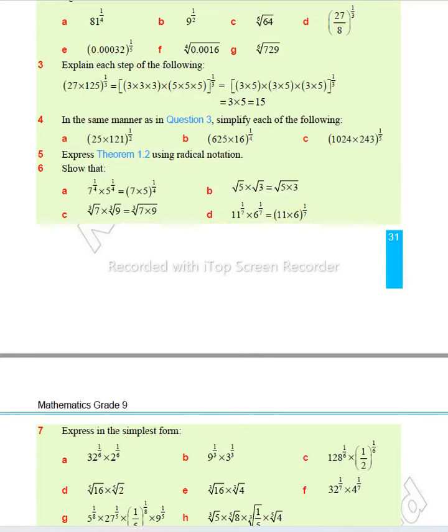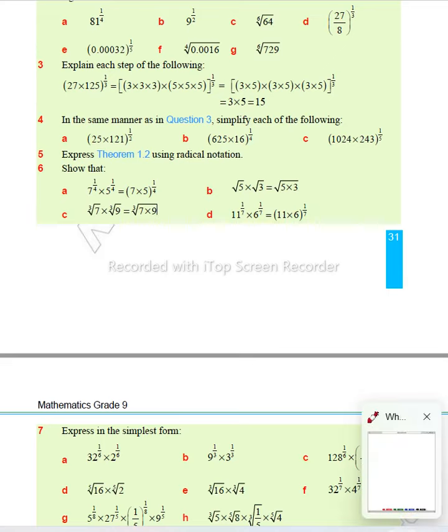So we take the number 7 times 5 to the power of 1 over 4. We can write this like this. This is the same as this because they have the same power or exponent. Let us see question number B.